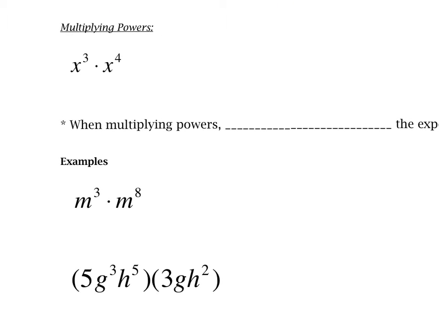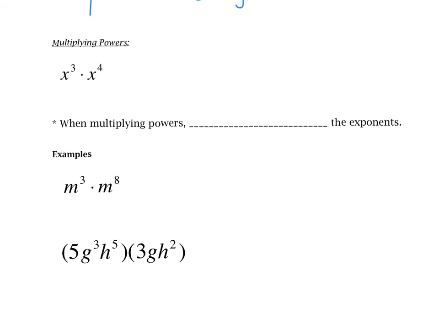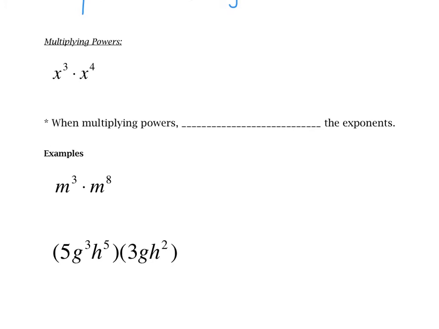Next up, multiplying powers. And there's our example we're going to do. Zoom that out a little bit. You should be writing this down. Anyone think they know the rule?